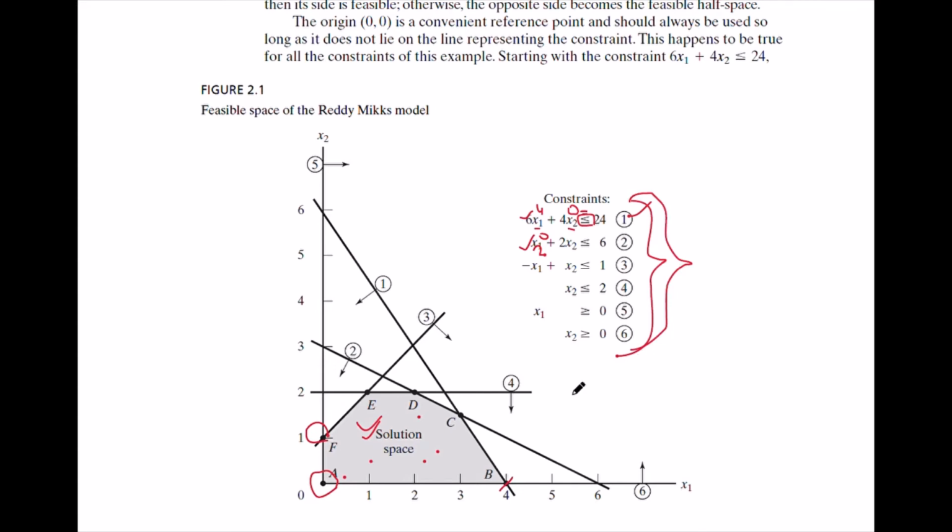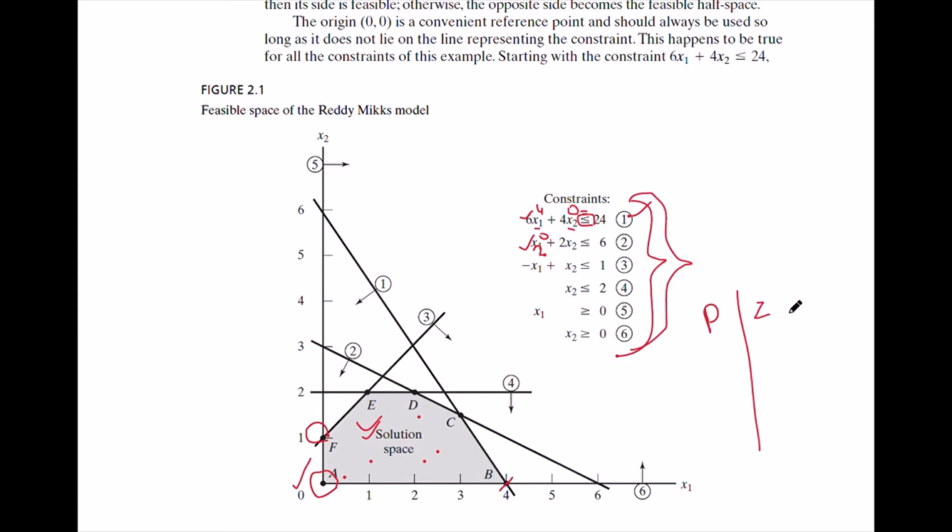Now, this area has infinite points, so which point denotes the maximum or optimal value? How to get that value? We will try out each corner point, the corner points A, B, C, D, E, F, and put them into the value of z.